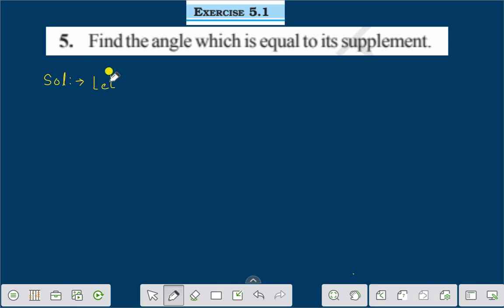Now let x be two equal angles of its supplement.